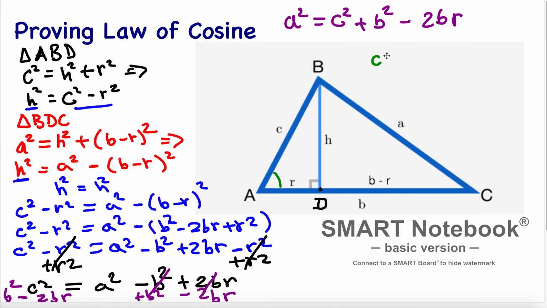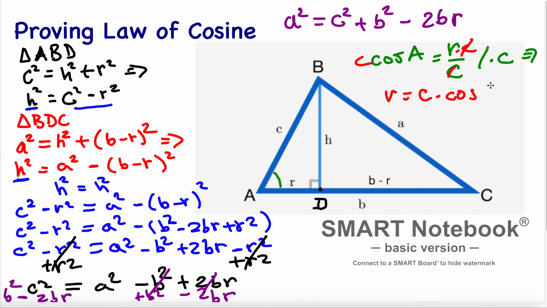So the cosine of angle A is going to be equal to the adjacent side over the hypotenuse, and the adjacent side happens to be r over c. If we multiply everything by c on this side and the other side, c with c goes away, and r is going to be equal to c times cosine A.